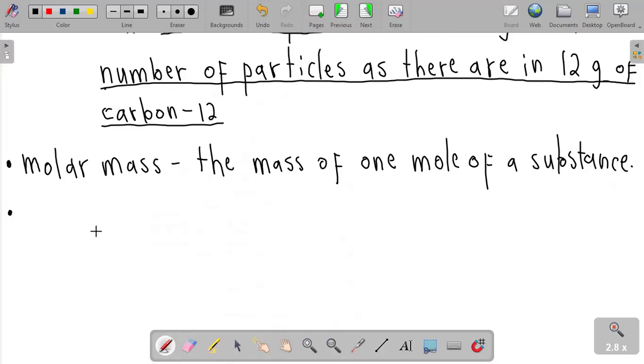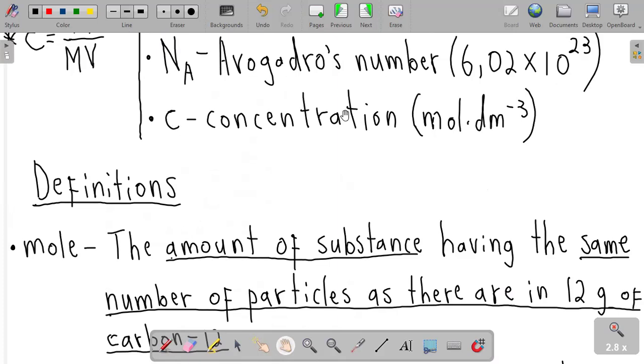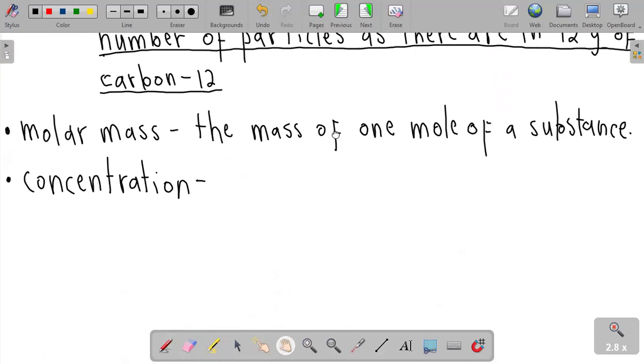Oh no, let me begin with concentration first. So let us look at concentration. That's the small letter c from above here. How do we define it?